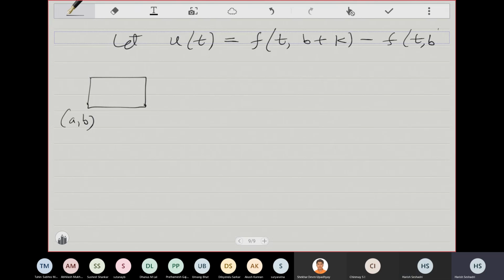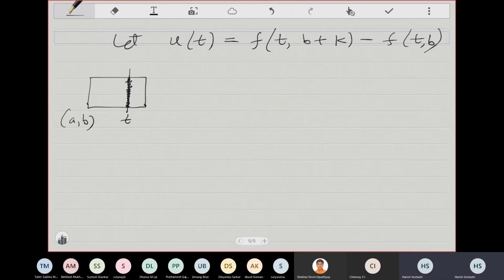I'm just looking at f restricted to this line, that's all. The x coordinate is t. The y coordinate is varying between b and b plus k. So I get this vertical line here.